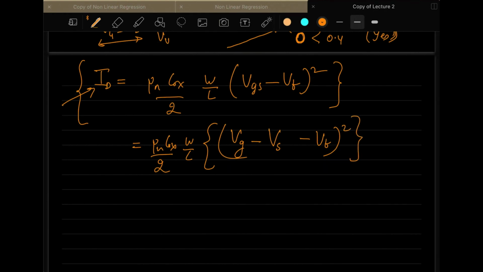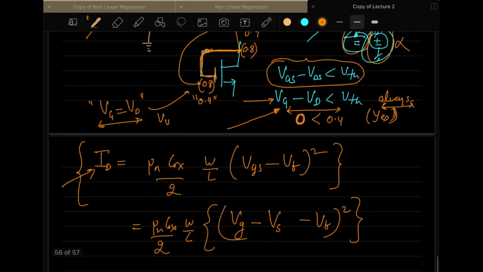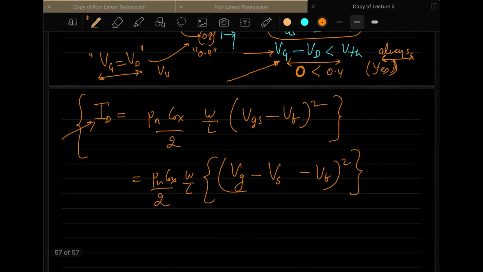So what do you observe from here? This is the equation that you have for drain current.